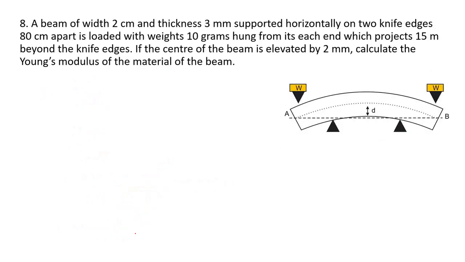Next question. A beam of width 2 centimeter and thickness 3 centimeter is supported horizontally on two knife edges 80 centimeter apart, and loaded with weights of 10 gram on each side, which projects 15 centimeter beyond the knife edge.